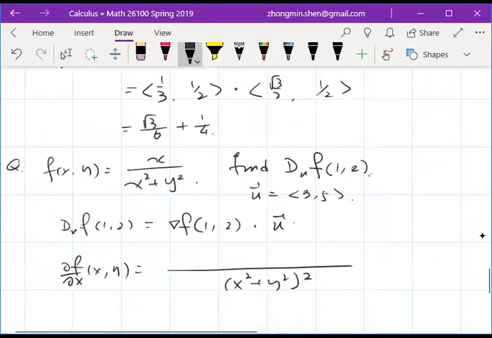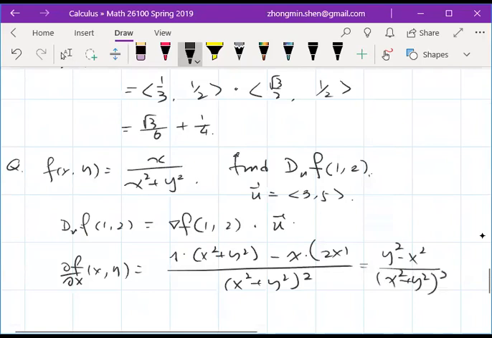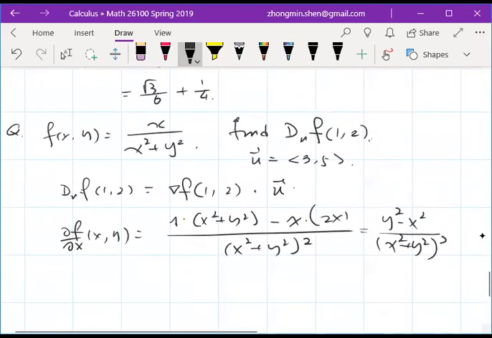The derivative of x with respect to x is 1, so times the denominator, minus x, and times the derivative of x squared plus y squared with respect to x, which gives you 2x. Okay, so you got y squared minus x squared. Okay, so that's the formula.